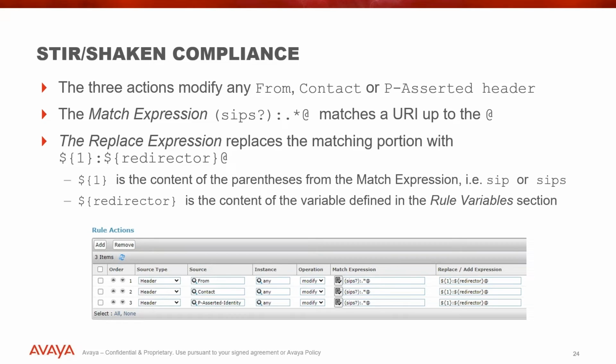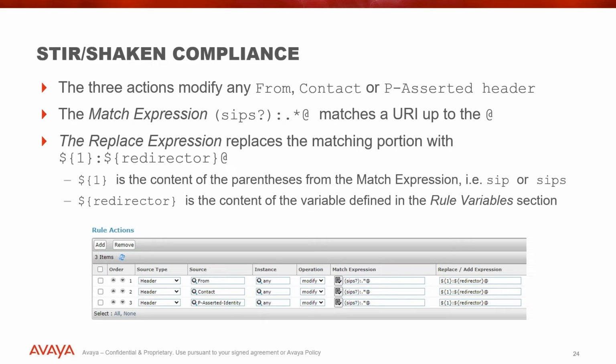We're going to replace SIP-S question mark colon dot star @ so we're going to take the beginning of the URI and we're going to replace it with $1. So that's what's inside the parentheses here, the SIP-S question mark part, colon $redirector, that's the contents of the redirector variable, and @ so we replace the match expression with the replace expression.